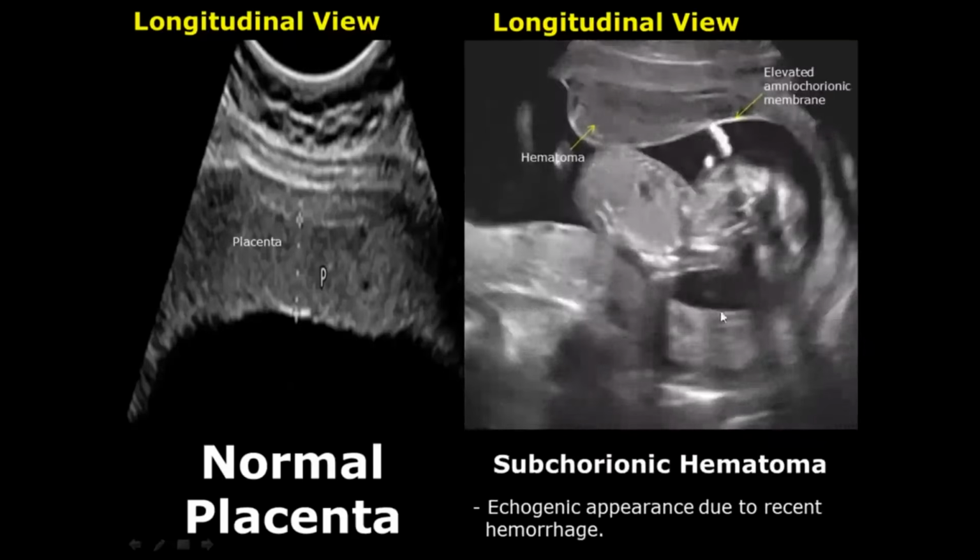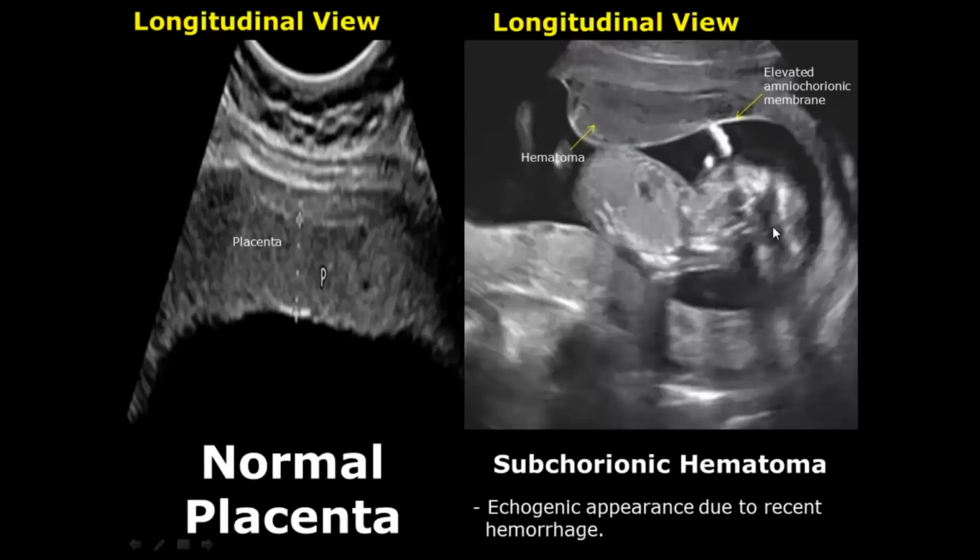A subchorionic hematoma can resemble a placenta, as the bleeding occurs below the chorionic layer. It elevates the amniochorionic membranes, but they have one distinguishing feature, that is this hyperechoic line. This line is of the amniochorionic membrane, and a fresh hematoma will appear echogenic.